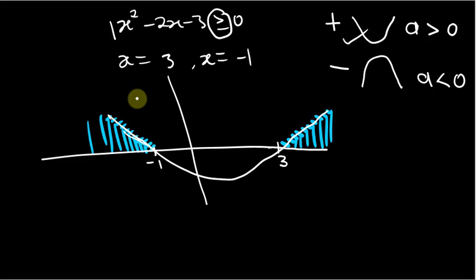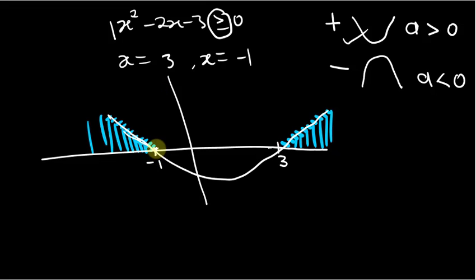Now the question is, what inequality can define the x values from this -1 up to negative infinity? Don't forget, the part of the curve which is above the x-axis is what we have shaded, and I've used this blue color to shade.